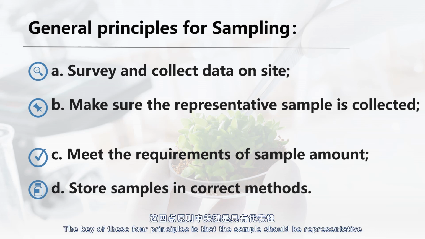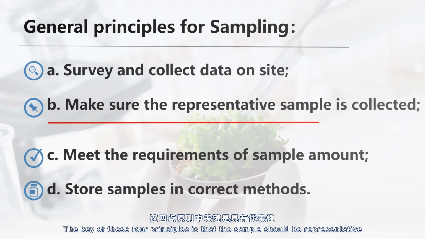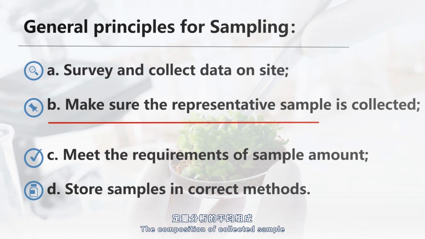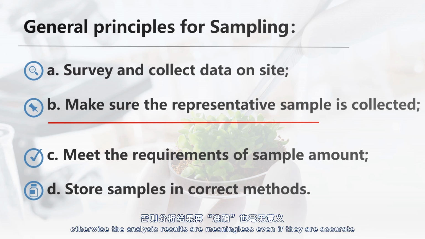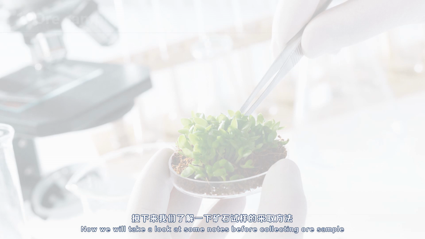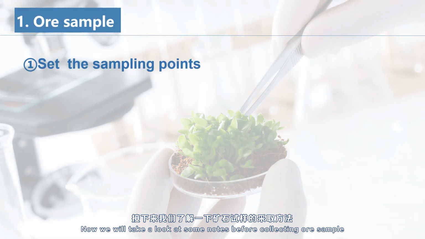The key of these 4 principles is that the sample should be representative. The composition of collected sample must be able to faithfully represent the bulk of materials. Otherwise, the analysis results are meaningless, even if they are accurate. Now, we will take a look at some notes before collecting all samples.